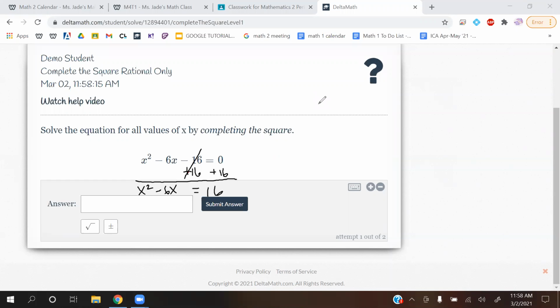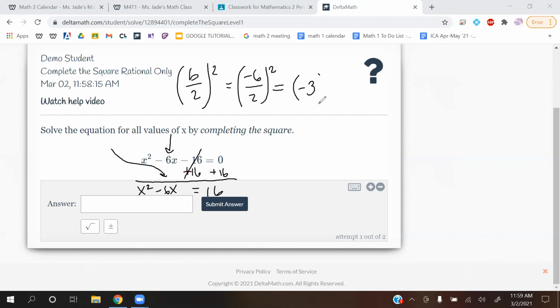So remember, our b value is the minus 6, or you could just look at it over here. Our b is negative 6, and the thing that we add to both sides is b over 2 squared. So negative 6 over 2 squared. So this is negative 3 squared, which is 9. So we are going to add 9 to both sides.